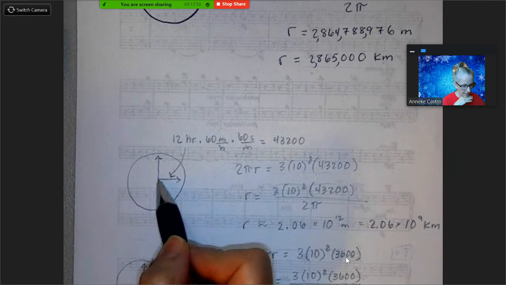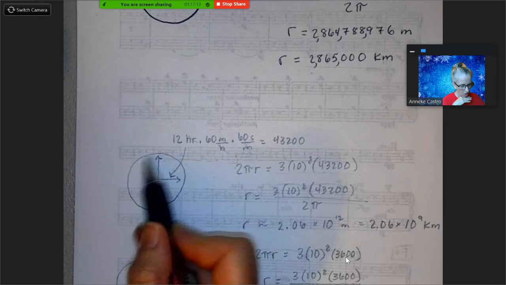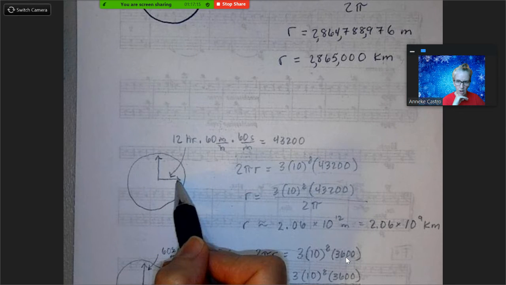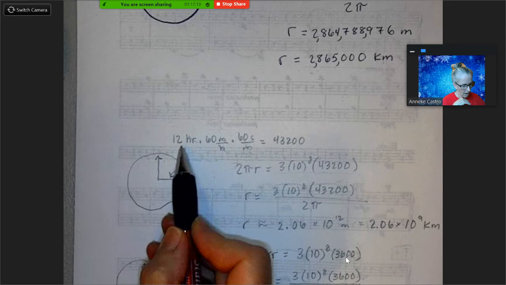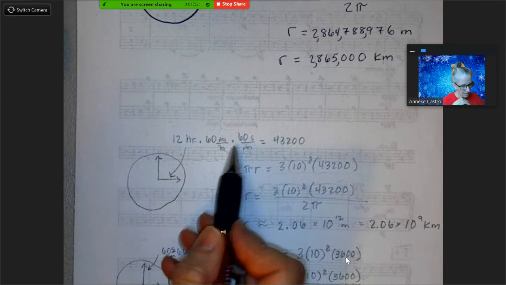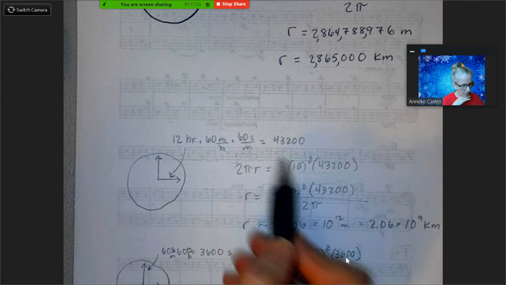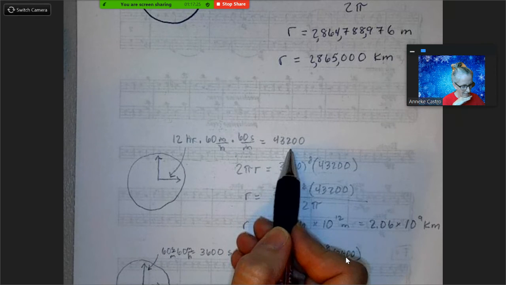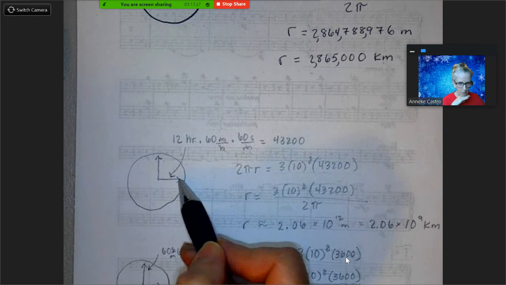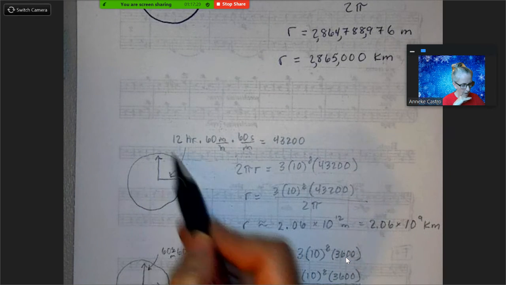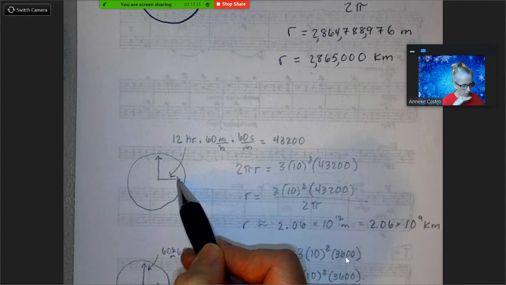So how long does it take the hour hand to get all the way around the clock? The hour hand gets around the clock in 12 hours. Okay, so 12 hours times 60 minutes per hour times 60 seconds per minute gives me 43,200 seconds for the hour hand to get once around the clock.